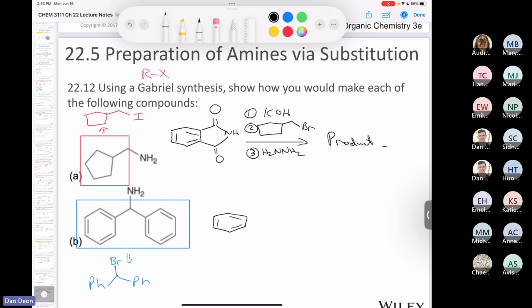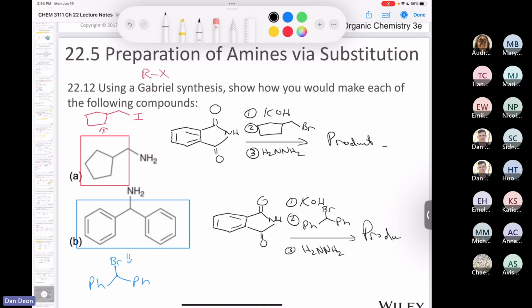We start with phthalimide, and we treat it with a base, potassium hydroxide, and that makes potassium phthalimide. Then we treat it with our alkyl halide. Actually, I guess this is an alkyl halide technically. And then we treat it with hydrazine in the end. What the heck? I've got peroxide on the brain. We treat it with hydrazine, and that will give us the desired product. There we go.